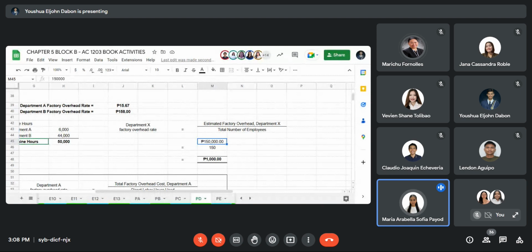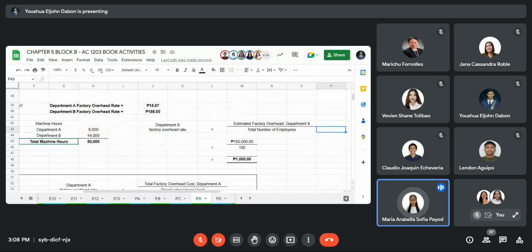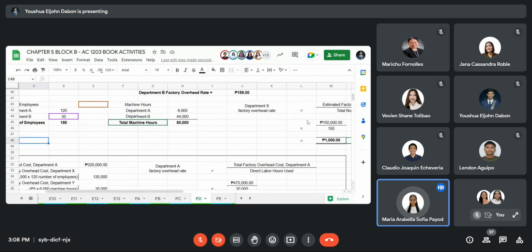We added first the number of employees, so that is 120 for department A and 30 for department B, and that is a total of 150 employees for the whole thing. Next, we divided 150,000 since that is the estimated factory overhead of department X. So that's 150,000 divided by 150 and you get 1,000. So you multiply 1,000 by 120, which is the number of employees for department A, and you get 120K.